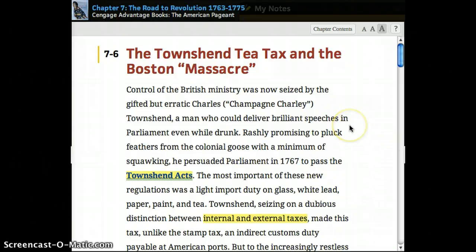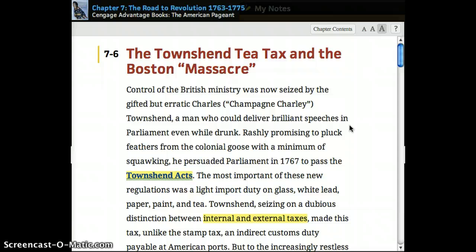So what happens is the next stage. And by the way, let's be real here. This next stage, the period from 1765 to 1775, we're talking 10 years. It's been 11 years since the attack on 9/11, and 10 years is a pretty significant time.